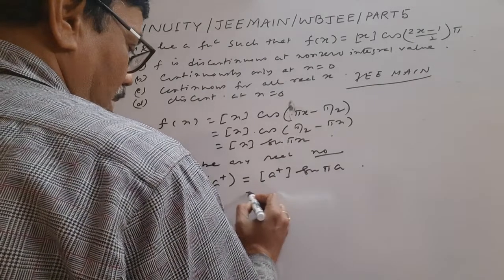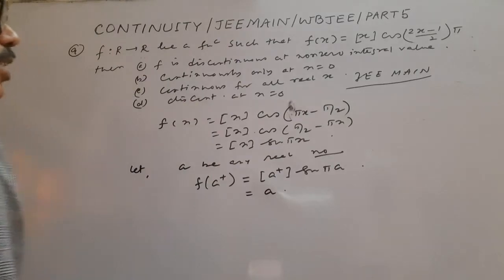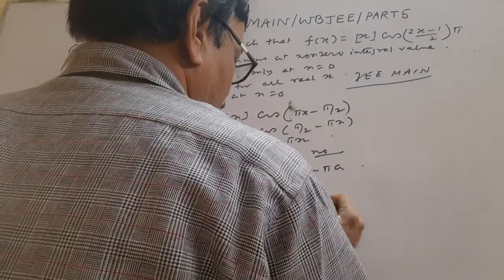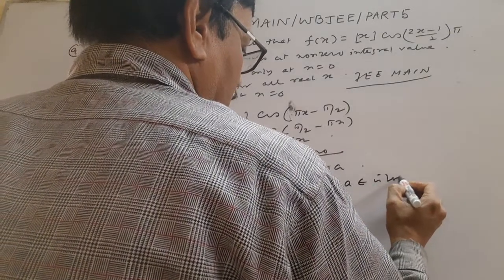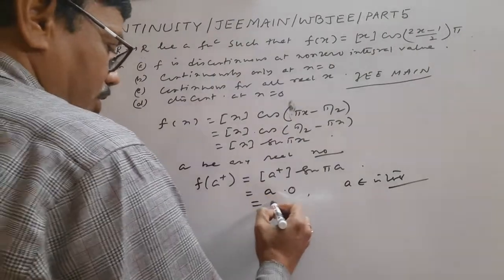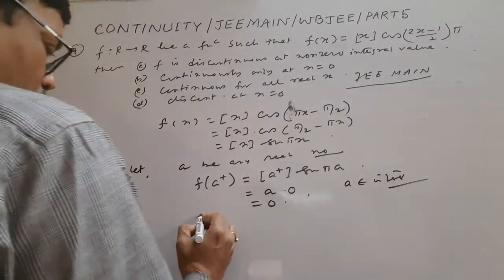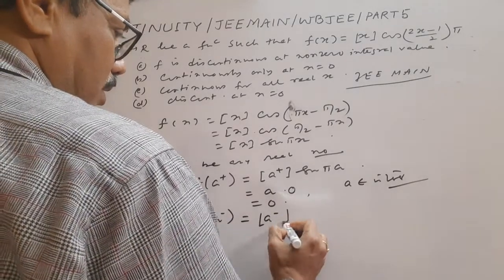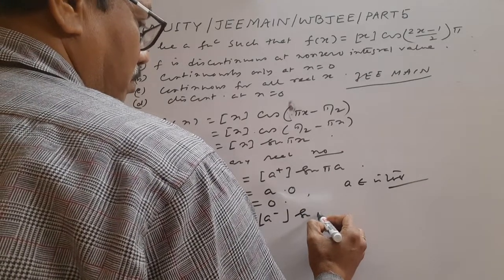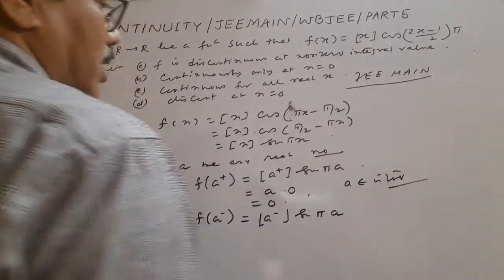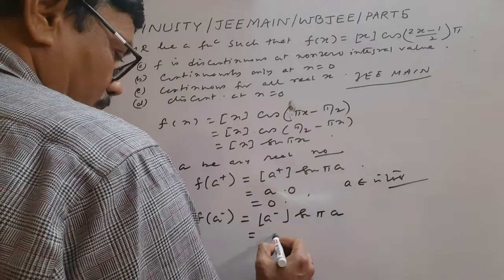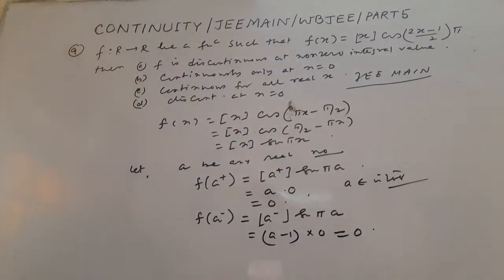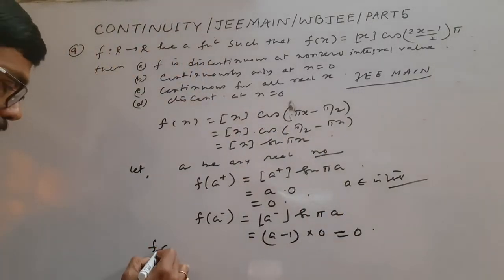So third bracket a plus, this is a, and sin pi a. Sin pi a is 0 if a is integer. So this is 0. So f a minus, sin pi a, so a minus 1 into 0. So equals to 0.